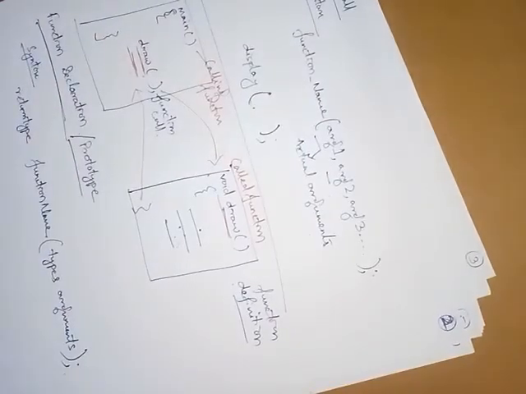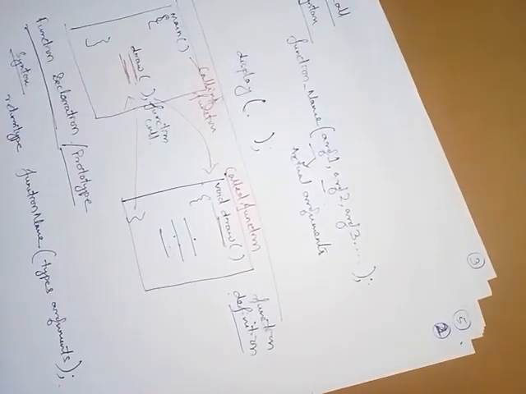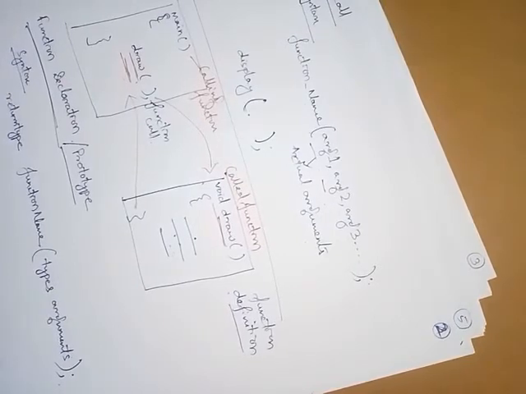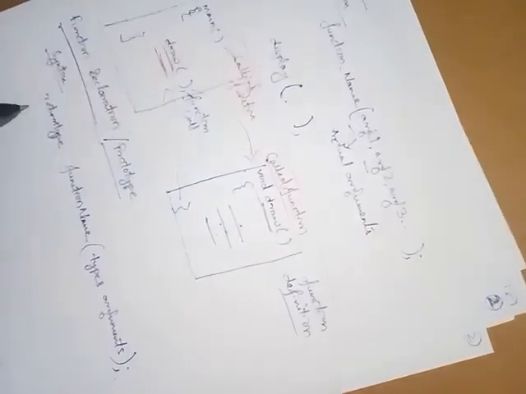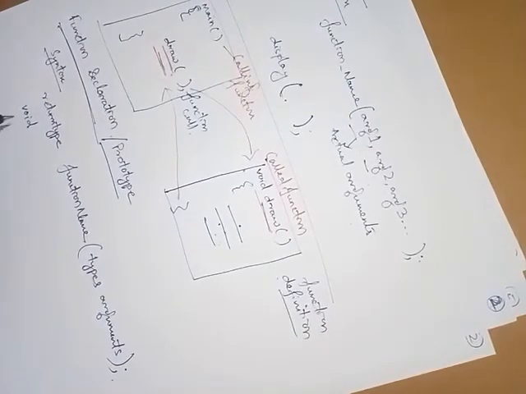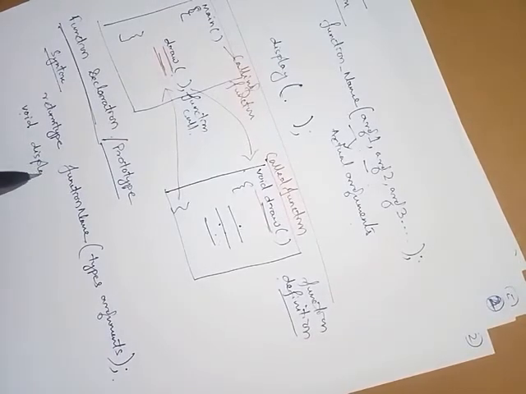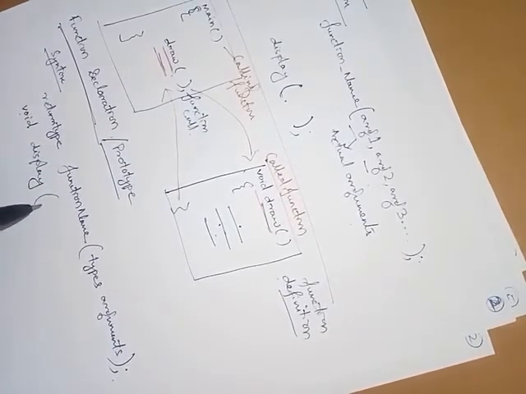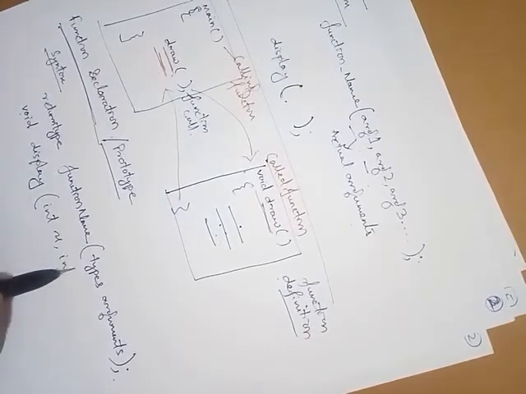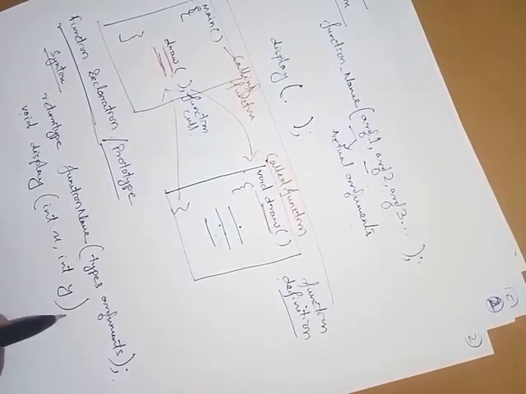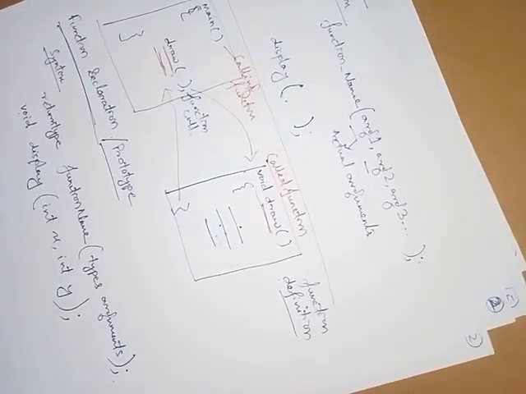Here there should be one semicolon at the last. For example, we can write return type void. Void is the return type, and suppose the function name is display, and suppose the arguments are integer x and integer y, and at last you have to put one semicolon.